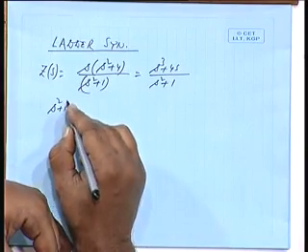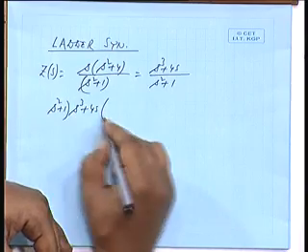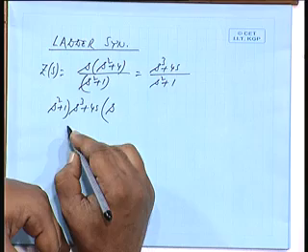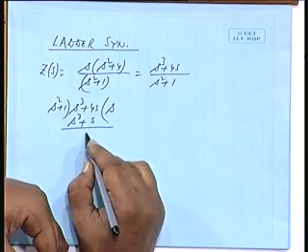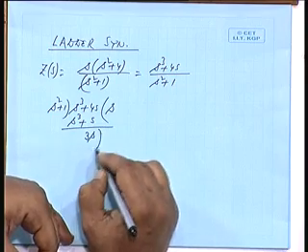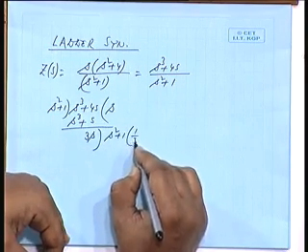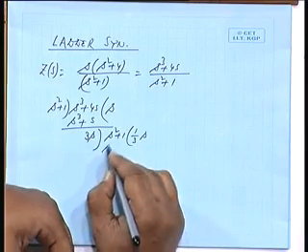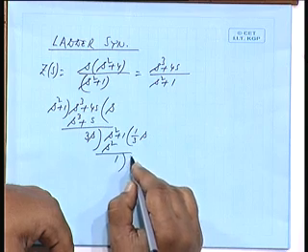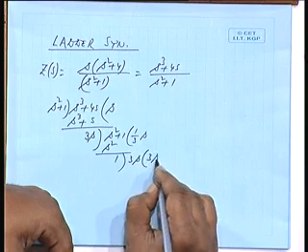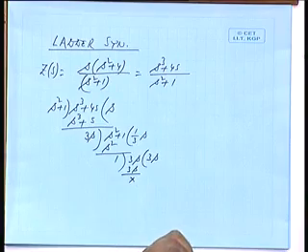Divide (s cubed plus 4s) by (s squared plus 1). If I divide this, I will get s cubed plus s, subtract, 3s. Again divide this: s squared plus 1 by 3s gives 1/3 s, and the remainder is 1 by 3s.